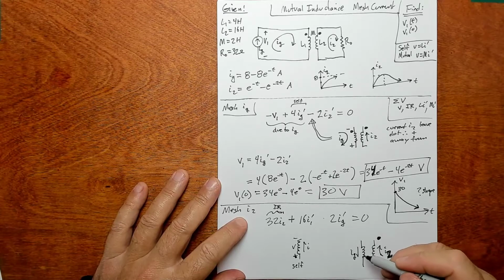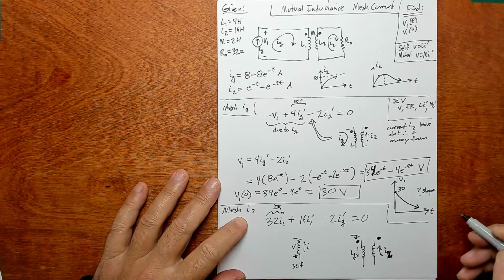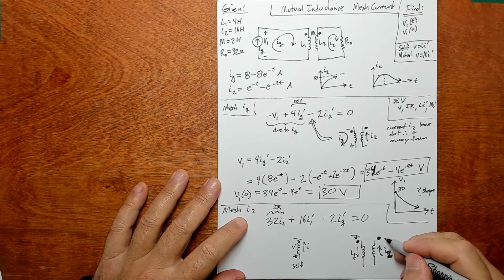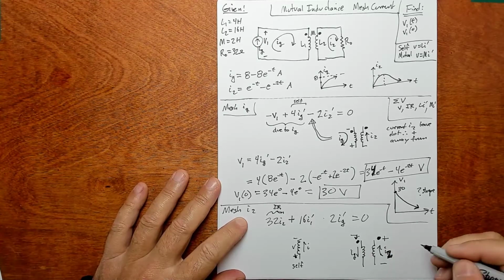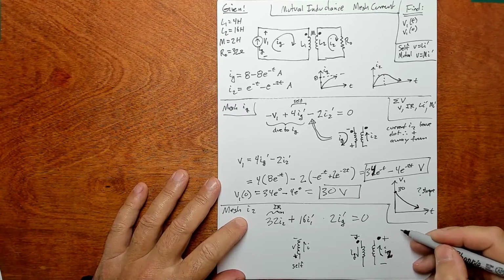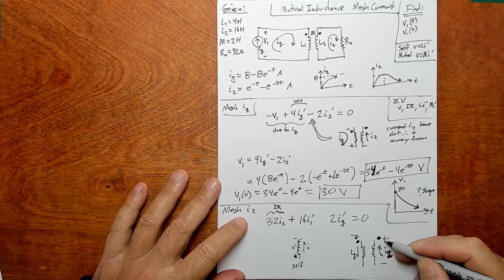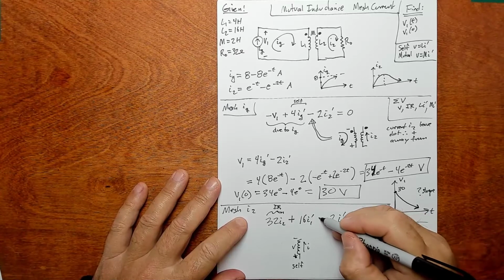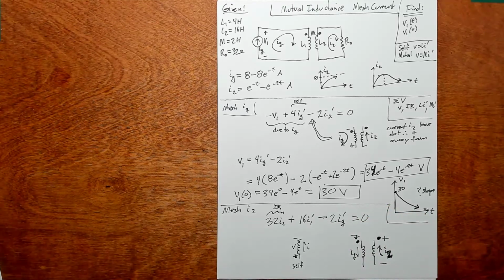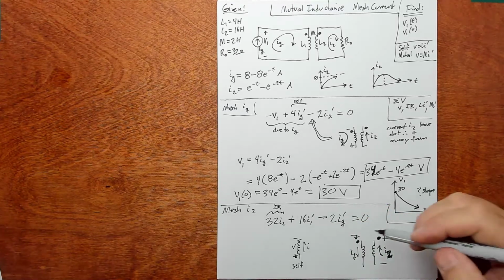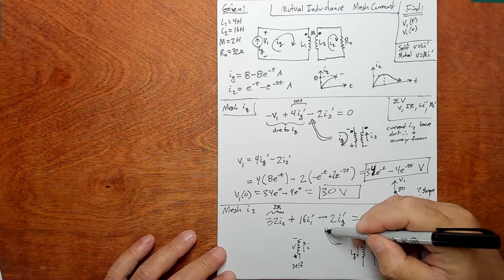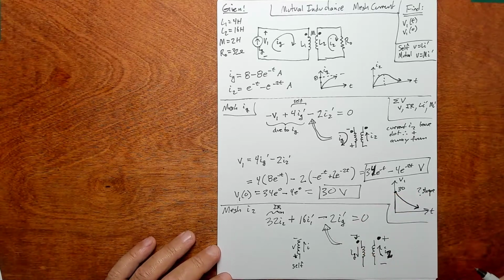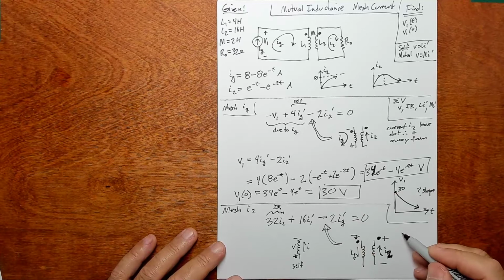Okay, so here are the currents entering the dot, which means the positive sign is going to be at the dot, which disagrees with our I2 loop direction, so this is negative. So I could write that out.